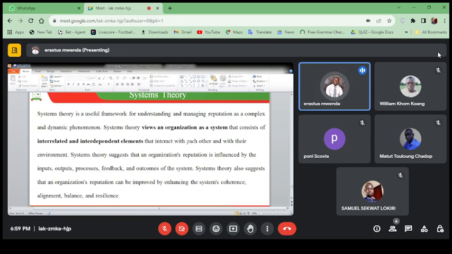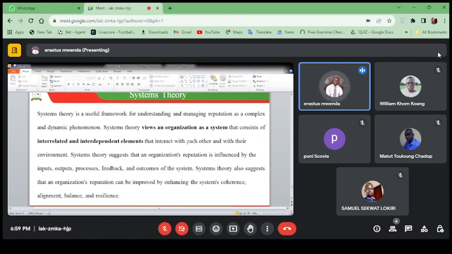We have a very, very important theory which we call the systems theory. This theory is also studied across other areas, including management. And the systems theory, just like the name system would mean, looks at every organization as a system with interrelated and interdependent elements.